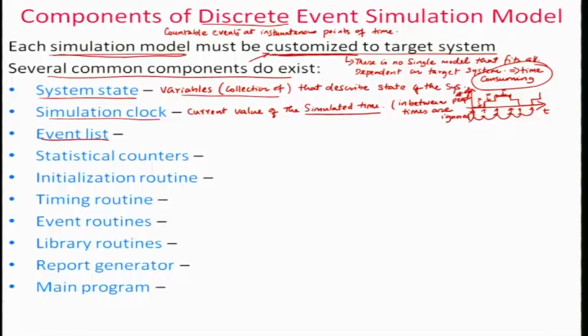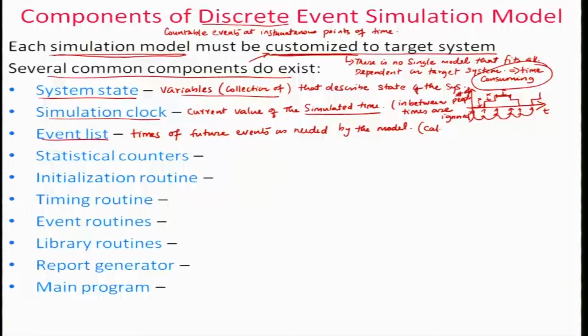We already saw what an event list is, we know what an event is also. The event list is the times of future events as needed by the model. So, you can think of the event list in the form of a calendar of events.